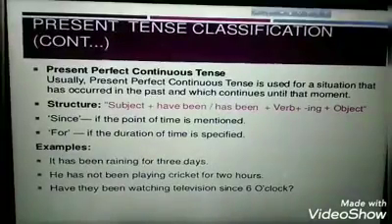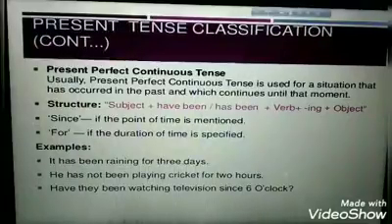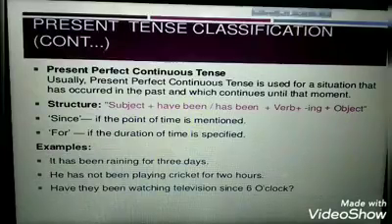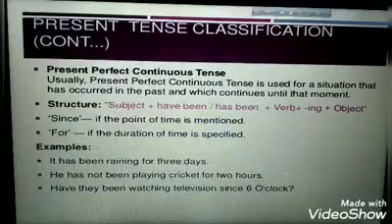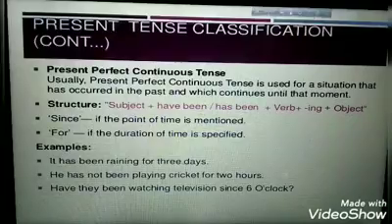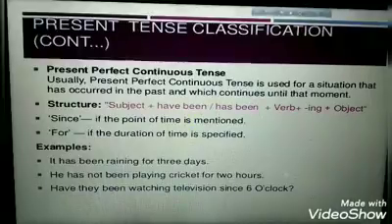So the last category of present tense is present perfect continuous tense. Usually present perfect continuous tense is used for a situation that has occurred in the past and which continues until that moment.